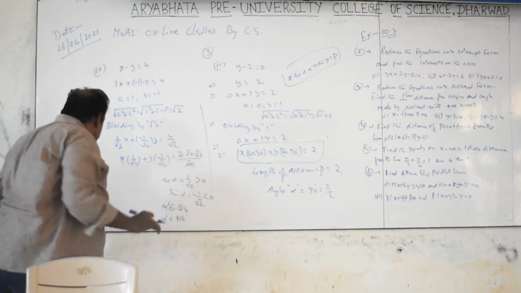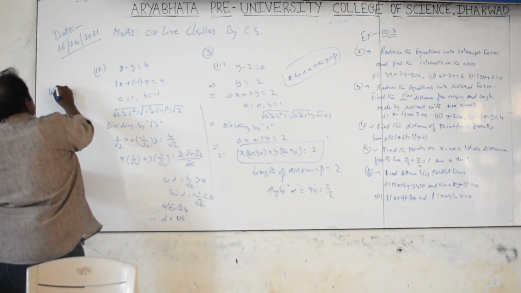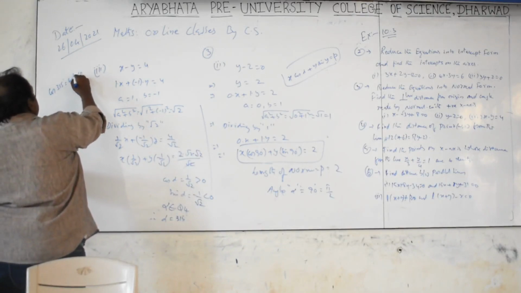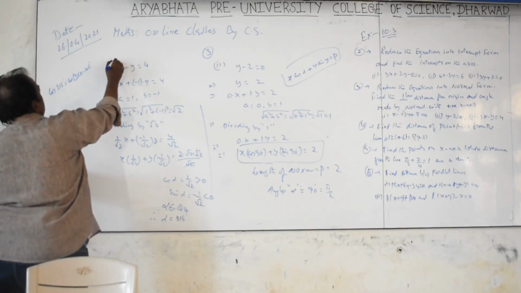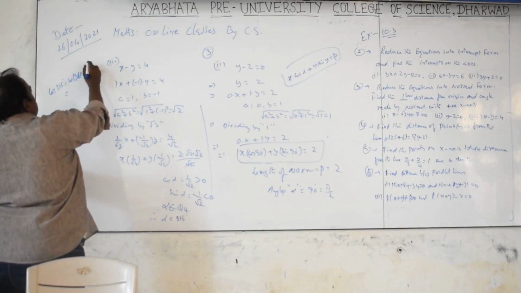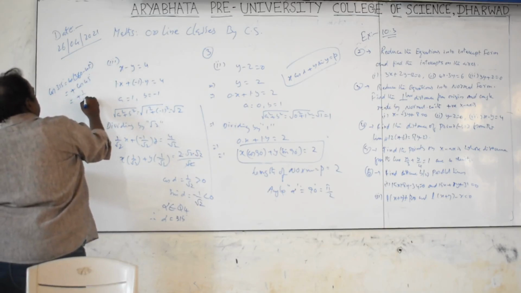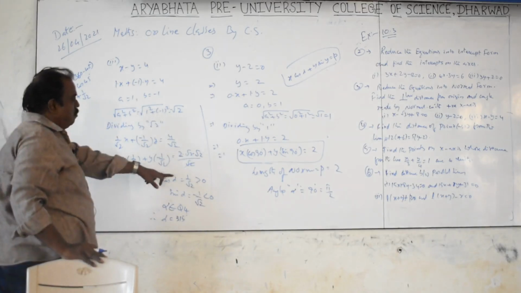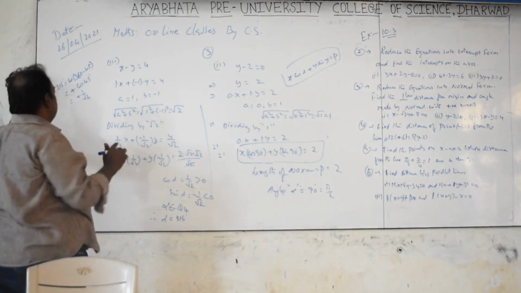I will write it very clear. You verify, observe me. Cos 315 means cos of 360 minus 45. It is positive cos 45, that is plus 1 by root 2. So 1 by root 2 means cos alpha. Cos alpha means cos 315, a fourth quadrant angle.